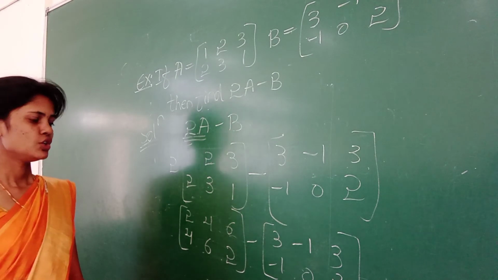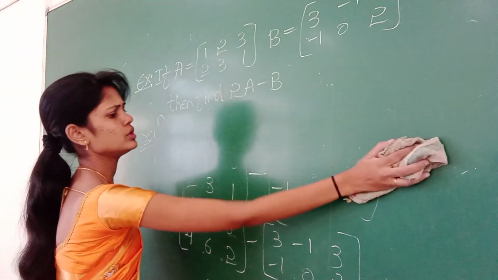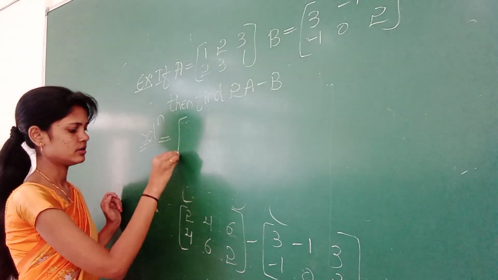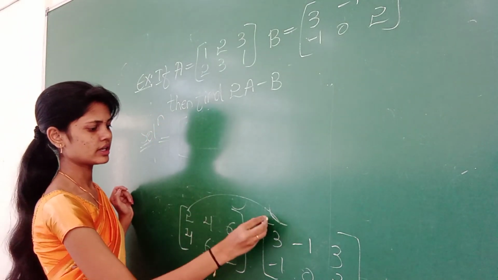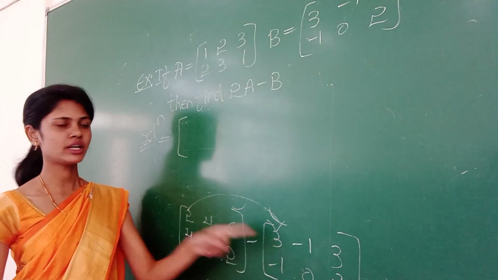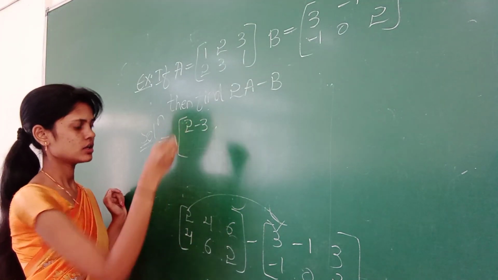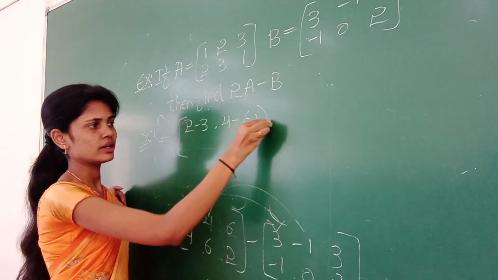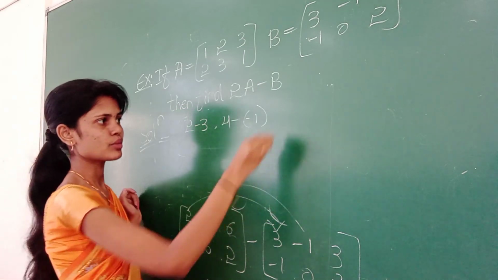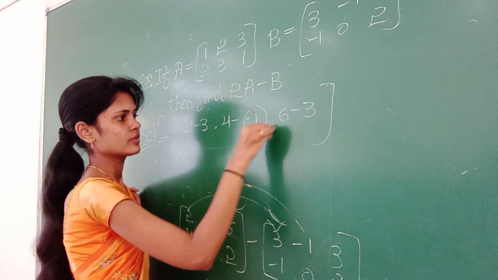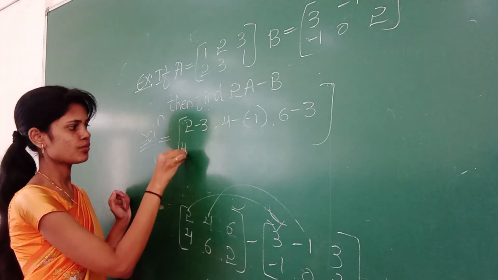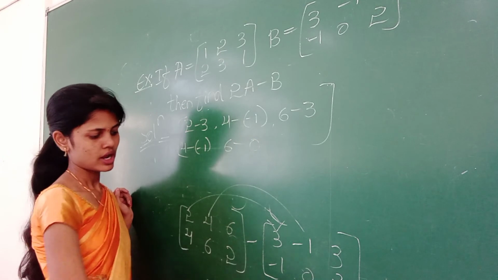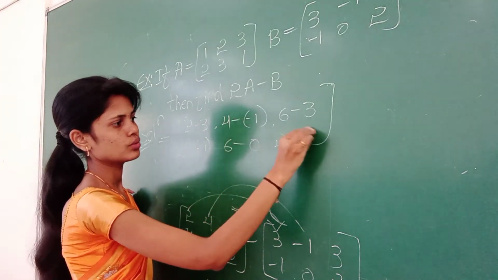For this, you must take the difference of the corresponding elements from the matrices. So what you can write? 2, the corresponding element for 2 is 3. So 2 minus 3, 4 minus of minus 1, and 6 minus 3. And 4 minus of minus 1, okay, and 6 minus 0 and 2 minus 2.